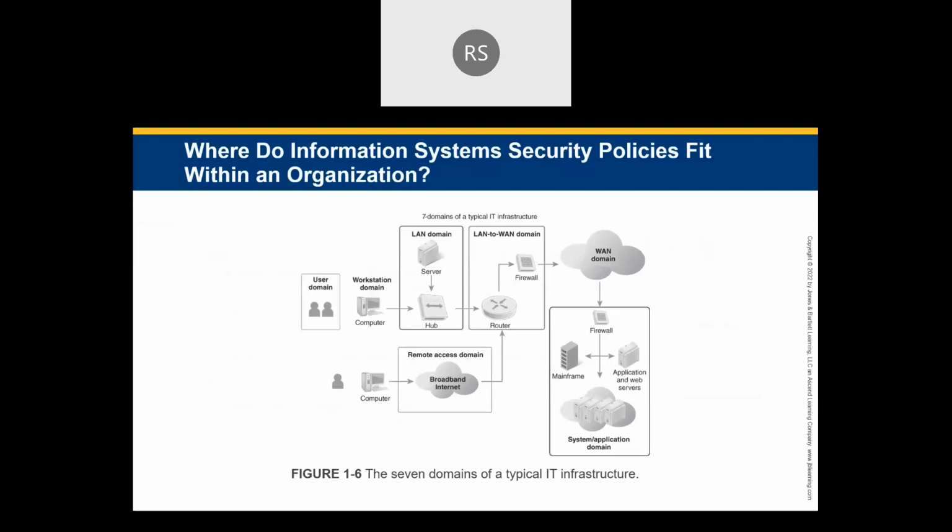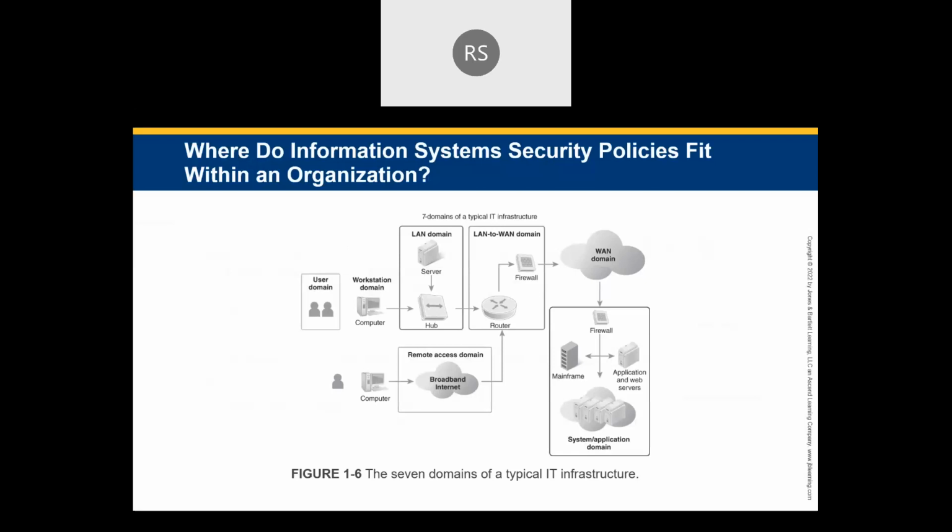The sixth area is the system application domain. It involves managing the organization's servers, databases, and applications. This domain includes the configuration, maintenance, and security of server operating systems, databases, web servers, email servers, and other critical applications.